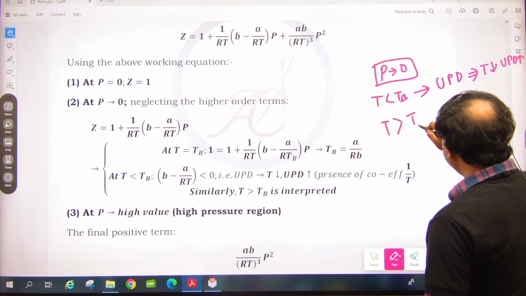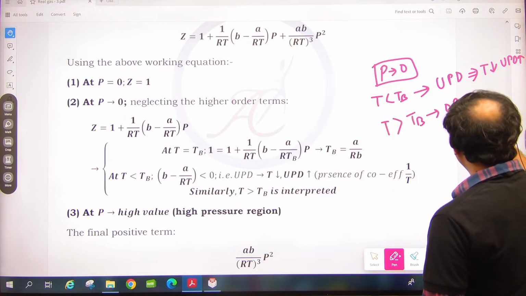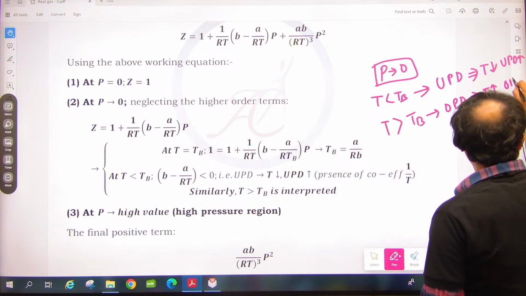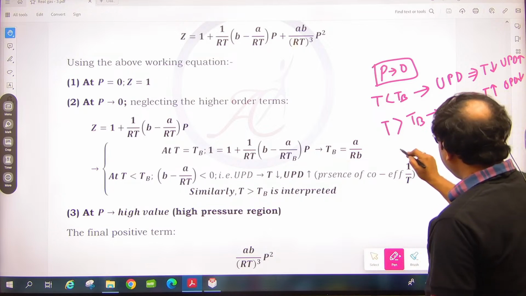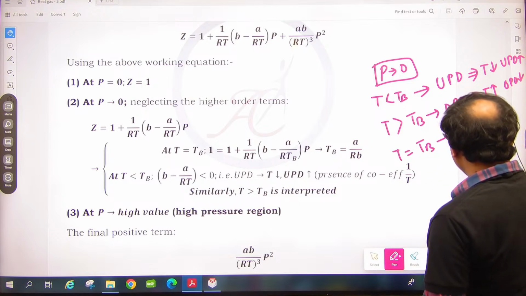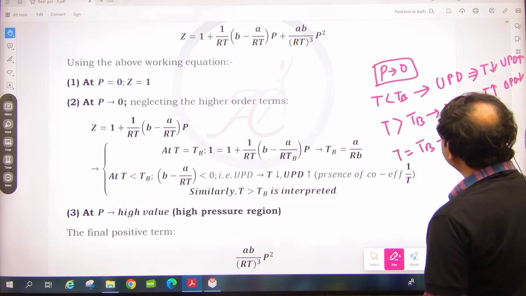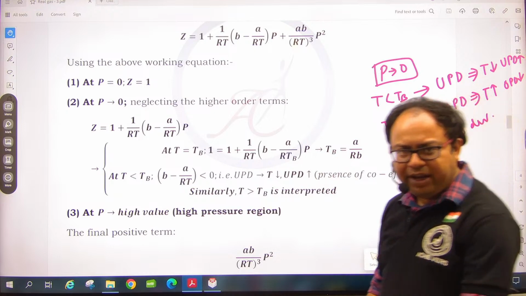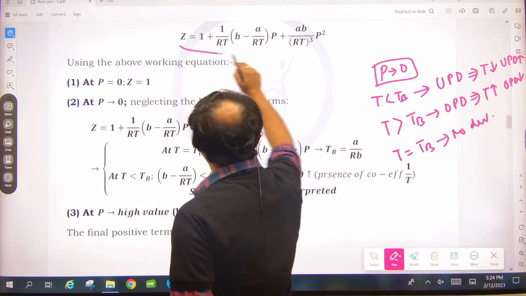At T greater than TB, you have OPD, and if T is increased, OPD decreases. And at T equal to TB, you have got no deviation. So let's see whether we can explain this thing from this particular equation or not.